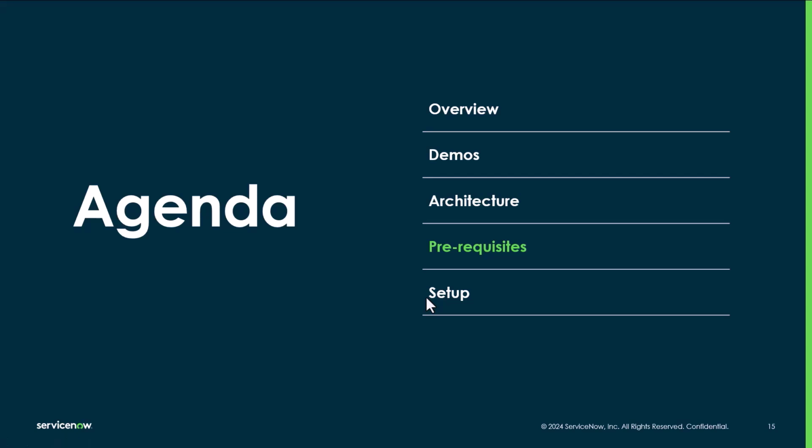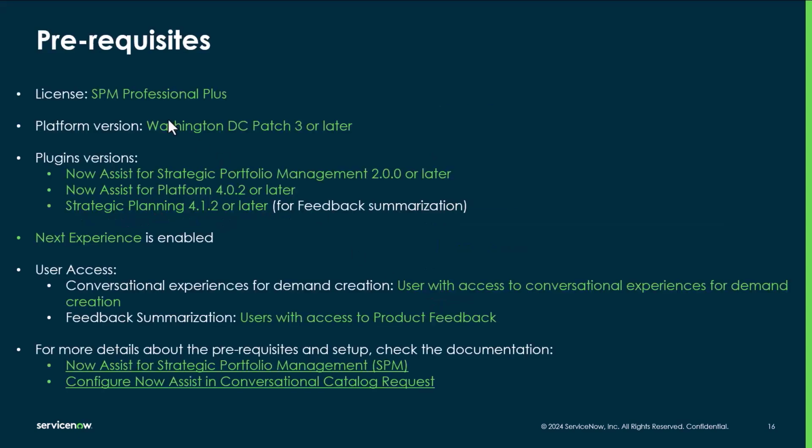Let's review now the prerequisites for GenAI for SPM. Okay, so first point, license. There is a new license for SPM called SPM Professional Plus. Please contact the account executive from ServiceNow to understand better the details about this license and what's required to get it. Platform version, at least Washington DC patch 3 or later release, and some plugins.